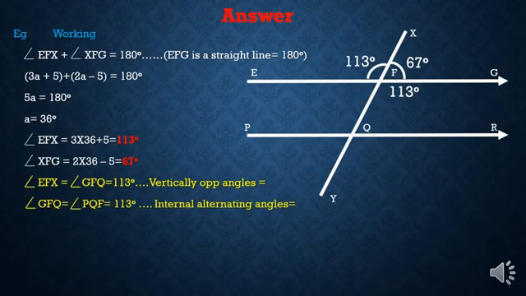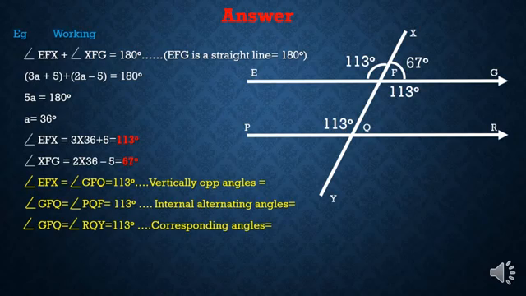Angle GFQ, which we have just found, is equal to angle PQF is equal to 113 because they are internally alternating angles. In the same way, angle GFQ is equal to angle RQY is equal to 113 because they are corresponding angles. In the same way, you can find out the other angles, 67 because they are vertically opposite, alternating, and vertically opposite.